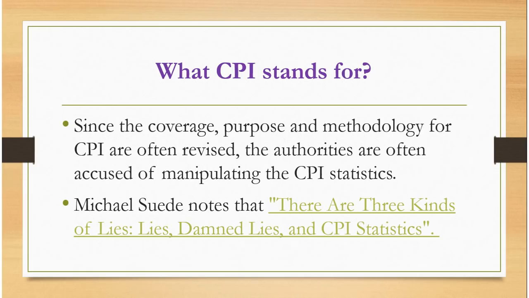Another important thing is that the methodology for calculating CPI, its coverage and its purpose are often revised. So the authorities are often accused of manipulating the CPI statistics so as to produce the desirable results. In this context, Michael Sude notes that CPI statistics are one of the most damned lies.